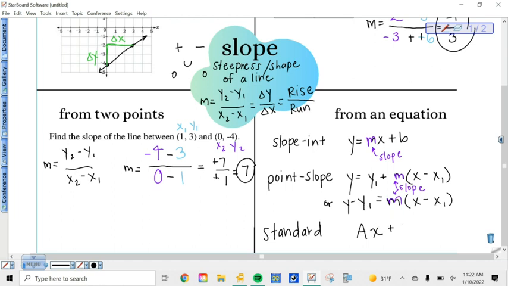You got ax plus by equals c. Does anyone know where the slope is in standard form? Nope. We'll come back to it.